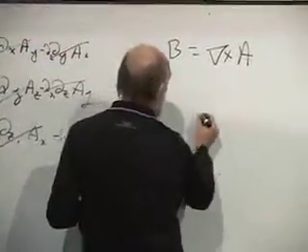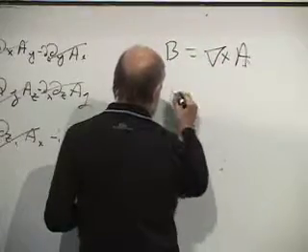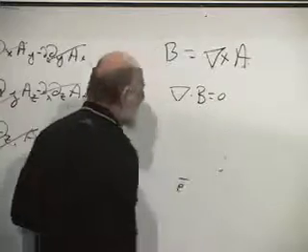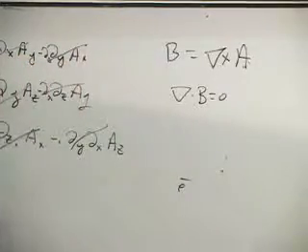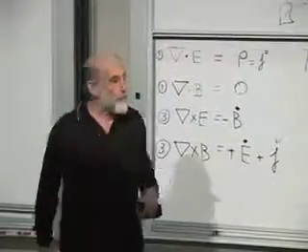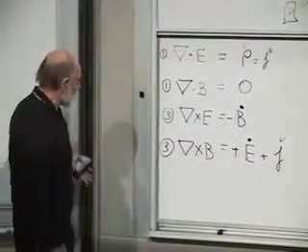For any A, the curl of A is B, and from that it follows that del dot B is equal to 0. So this equation is not an equation of motion, it's just a consequence of the definition of B.